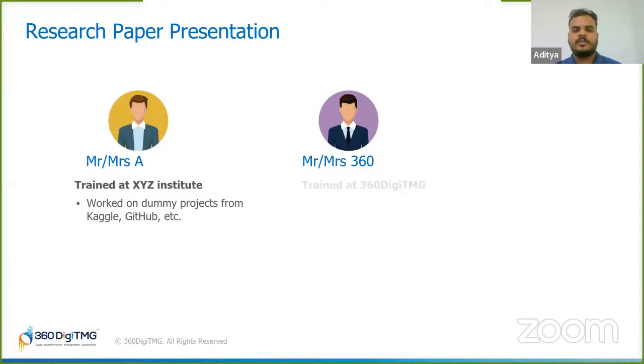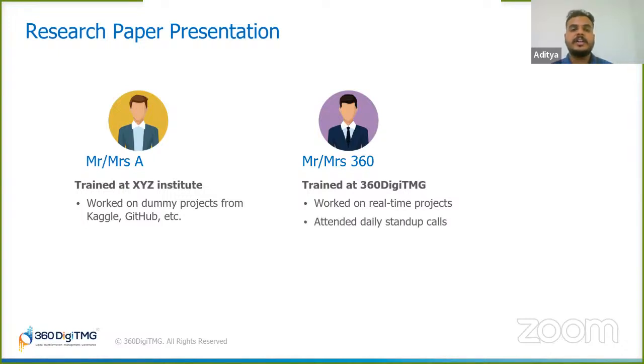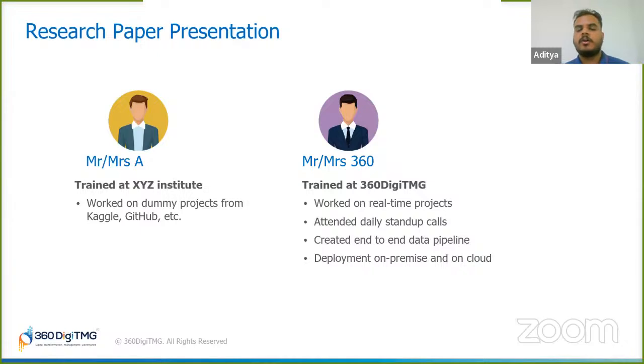Whereas Mr. 360 has been trained by 360DigiTMG. They have worked on real-time projects and attended daily project stand-up calls. They have worked on end-to-end data pipelines. They have worked on deployment of their machine learning and analytics solutions on premise as well as on cloud.